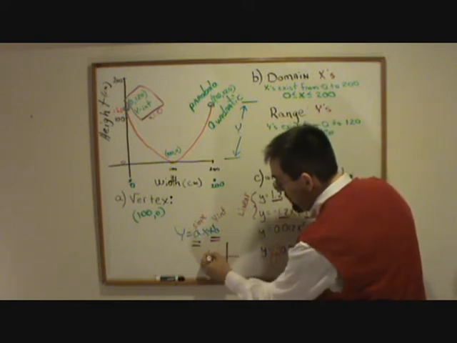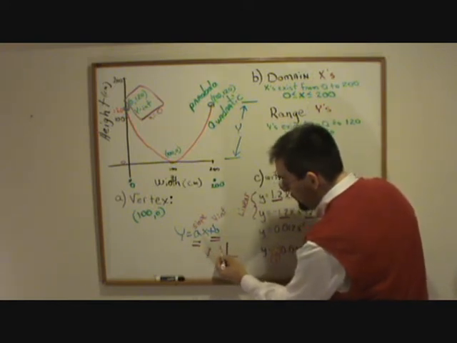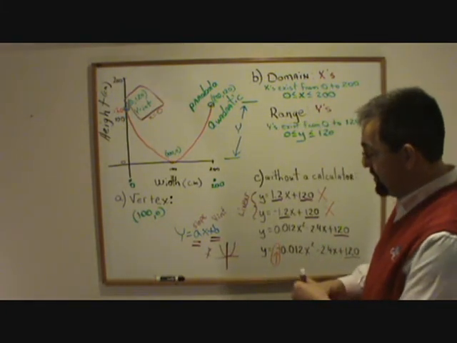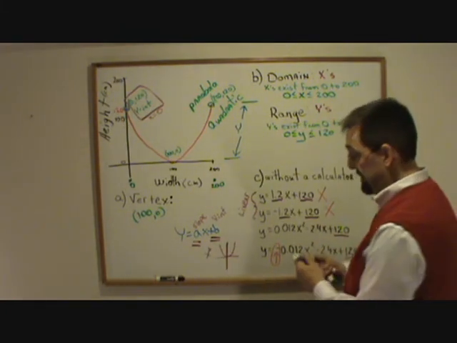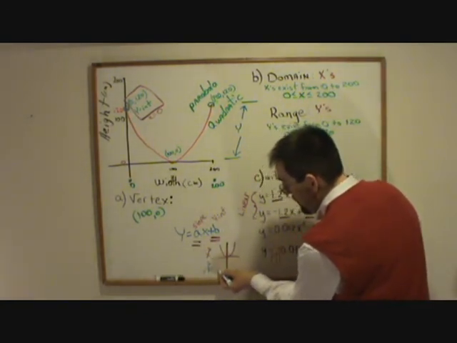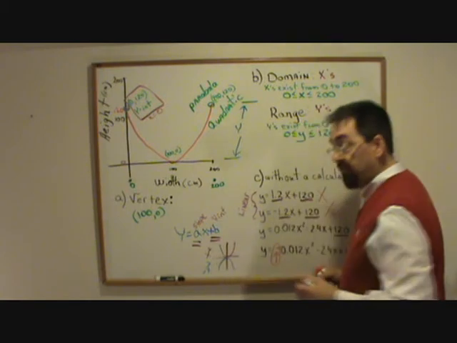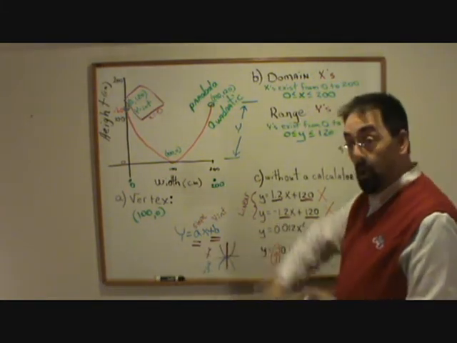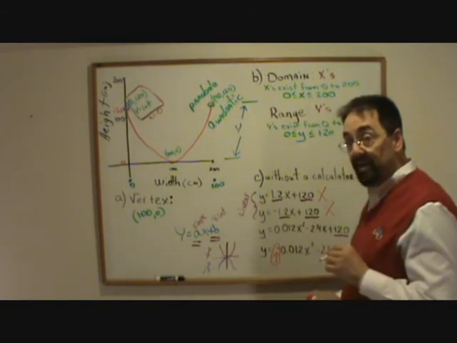X squared made a shape of a smiley face. But when we changed it to a minus x squared, it reflected it across the x-axis or made it open down into a frowny face.